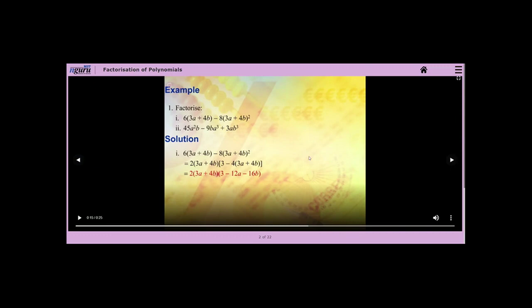Yes, ma'am. And now what about 45a squared b minus 9ba cube plus 3ab cube? What is common? 3 is common, ma'am. 3ab is common, ma'am. Correct, 3ab is the common factor.